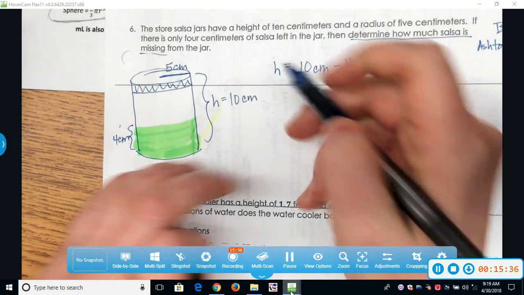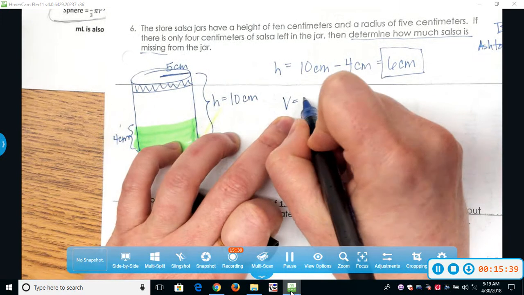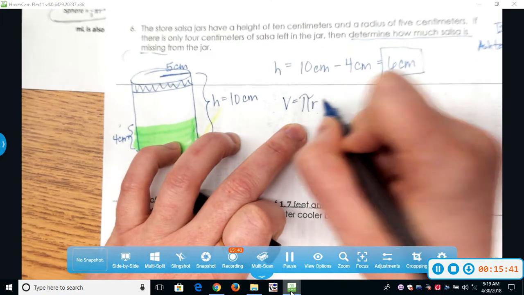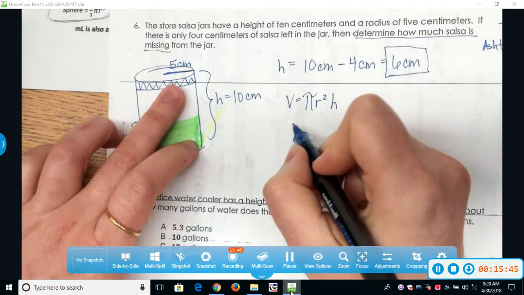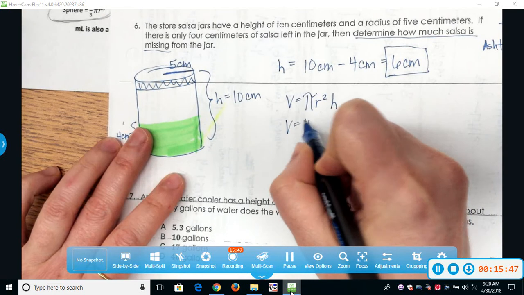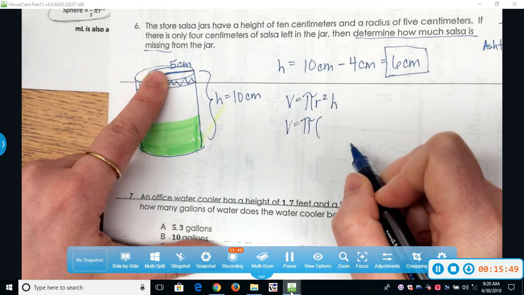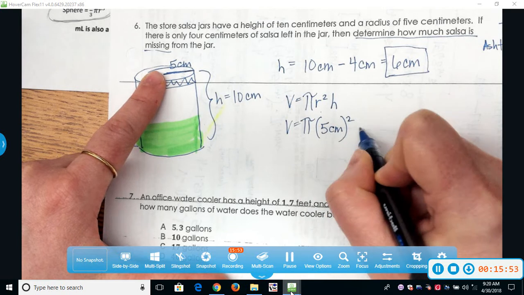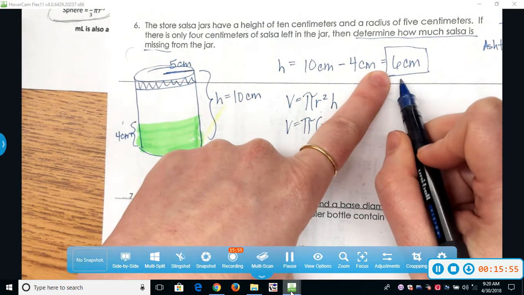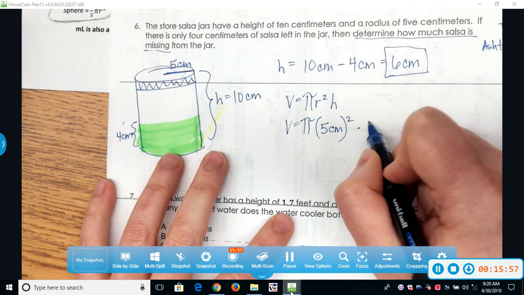All right. Volume is, it's a cylinder, so that's got that pi r squared times height. Let's plug some numbers in. Pi, the radius is 5 centimeters. I like pi. The height that I'm going to use is this 6. That's how much is missing.